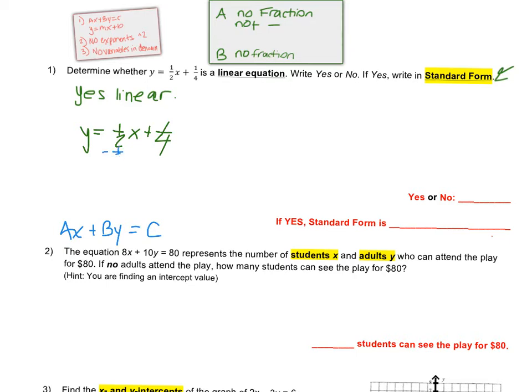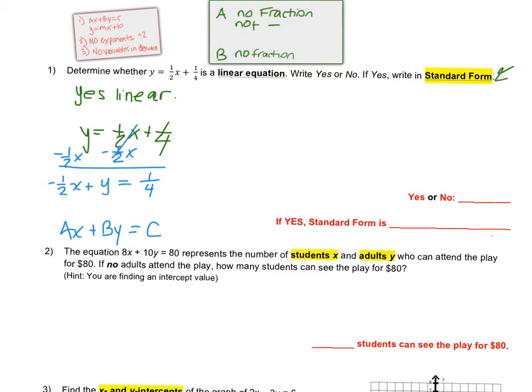If I subtracted 1/2 x and brought it to the left, I would be left with negative 1/2 x plus y, which is really 1y, is equal to 1/4. Since you want ax plus by, you want to have the term that has the x in front and the term that has the y second.